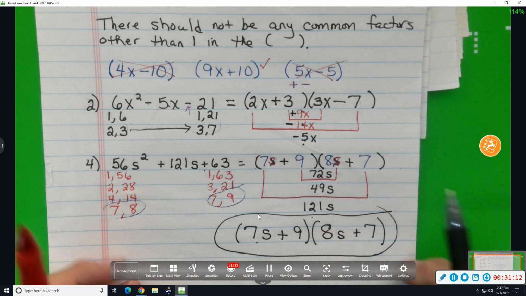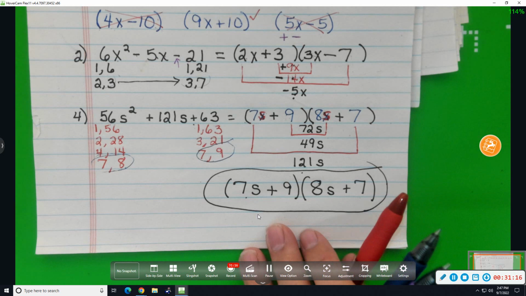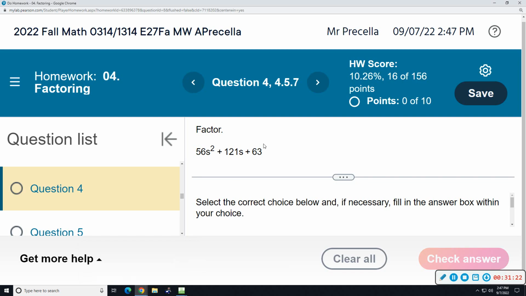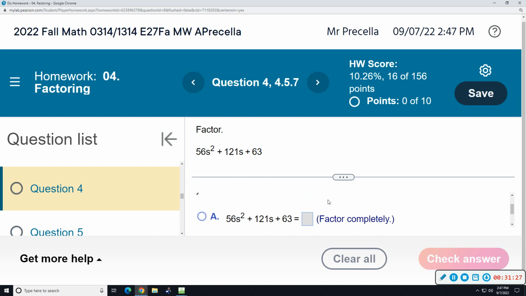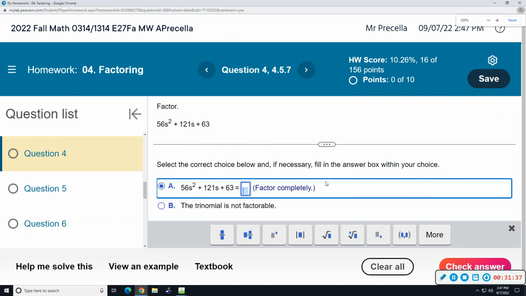I'm not so sure I succeeded. It's not 7s plus 9 or 8s plus 7. It's 7s plus 9. Oh, let me come over here. Okay, you can see that. Oh, you know what? I think I did make it too big. Oops. There.